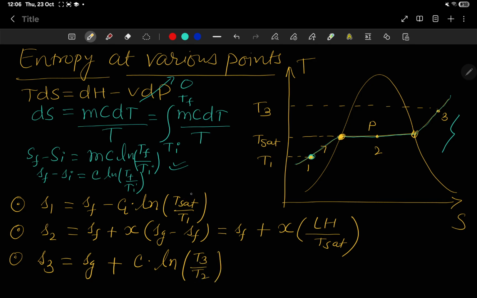Keep this quantity greater than 1, and you will get the answer very easily. Right, so this is all the enthalpy and entropy values at different points. These enthalpy at various points and entropy at various points are very important for your exam. So this is all for today.